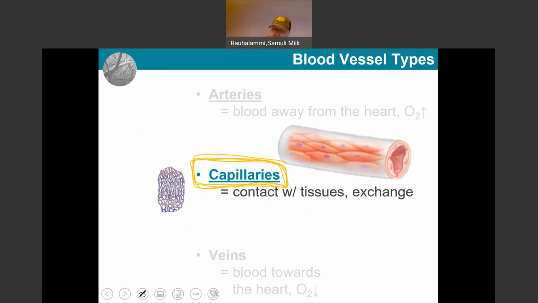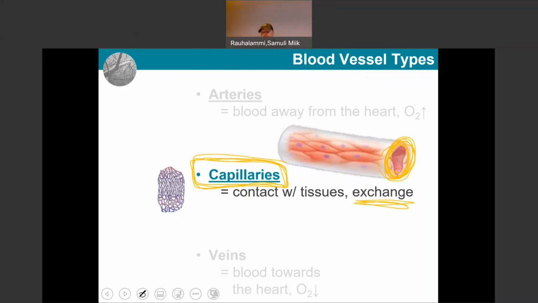What we end up finding with the capillaries is that the wall of capillaries is made of only Tunica Intima. So you remember the innermost general layer of a blood vessel. The capillaries are the main site of exchange of materials. So these supply the cells and interstitial fluid that are outside the cardiovascular system.